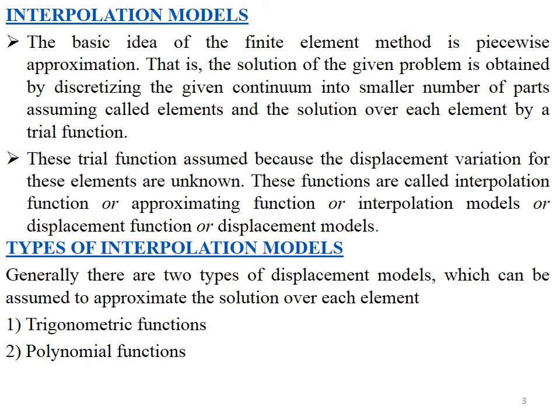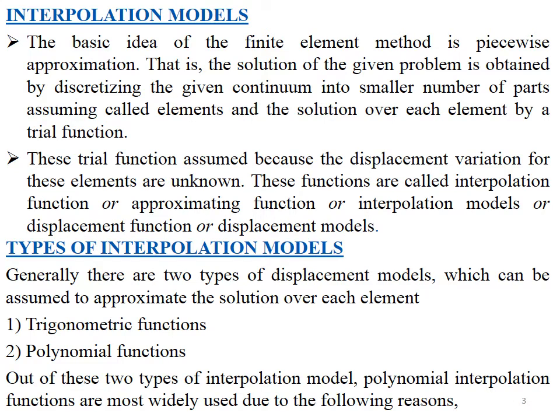Over the trigonometric function, polynomial functions are used widely because of the easy way of solving the problem in comparison with trigonometric functions, and the easiness of deriving the equations or solutions. They can be formed easily.